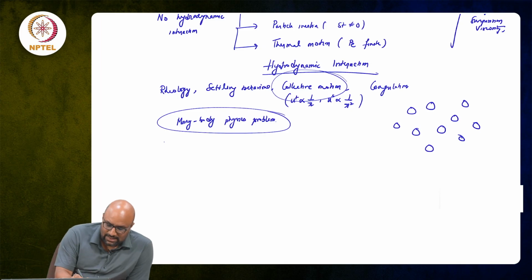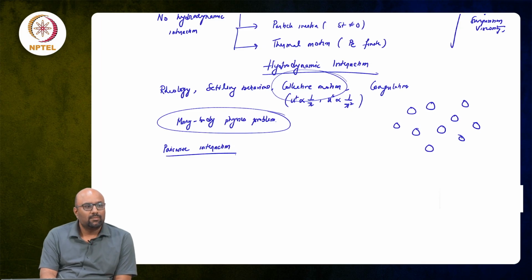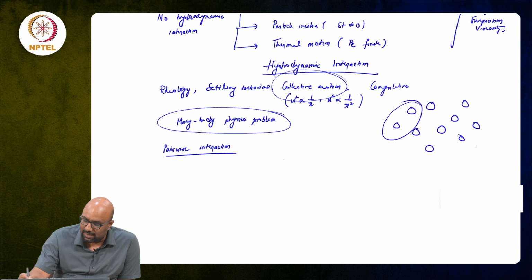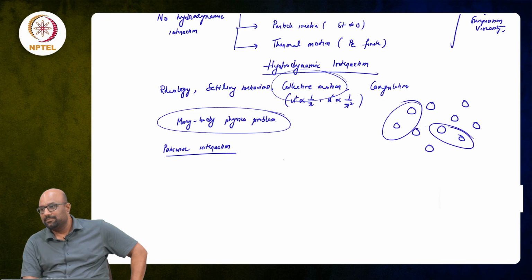So, you can then say, what if I focus on pairwise interaction? Pairwise interaction means that at a particular time, I am basically only trying to understand the interaction of a pair of particles.